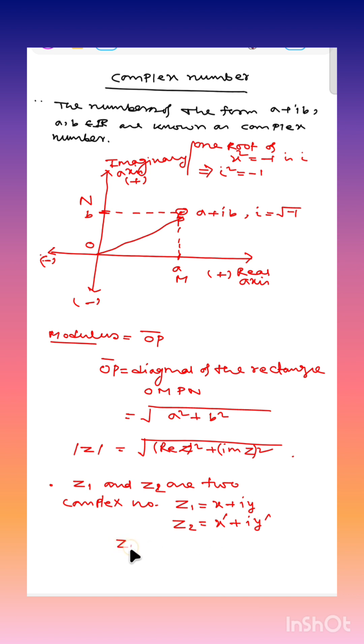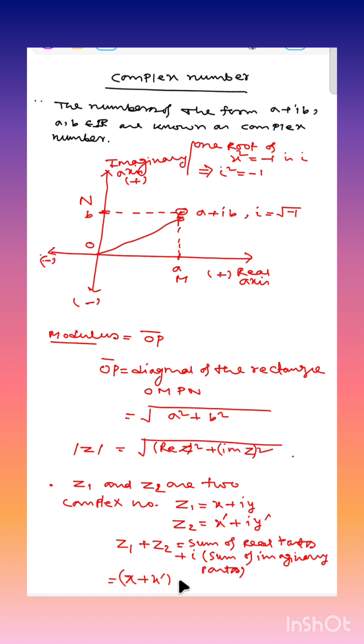Then z1 plus z2 is equal to sum of real parts plus i into sum of imaginary parts. That means x plus x dash plus i y plus y dash.